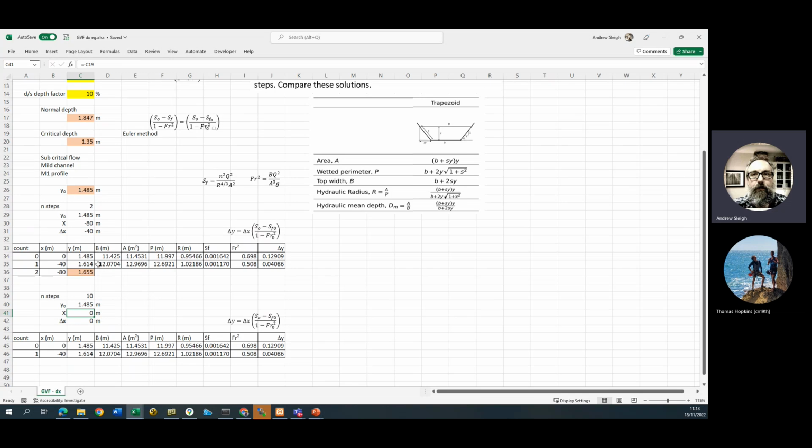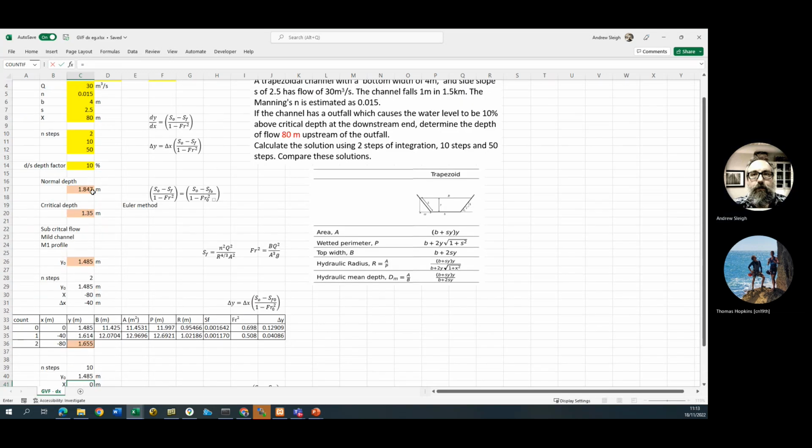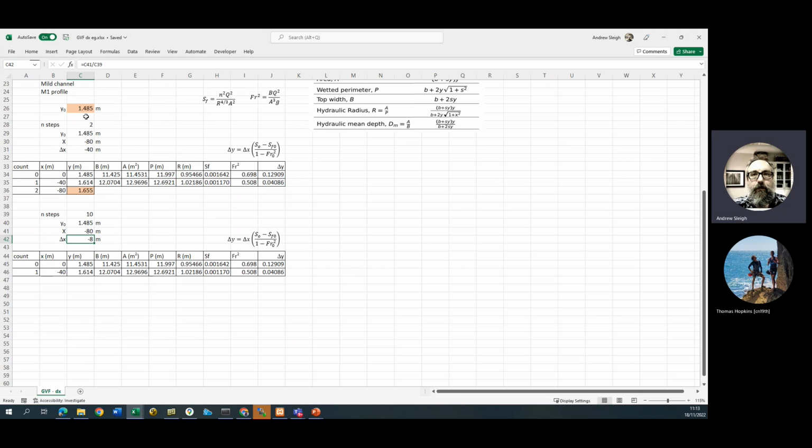We can do the x is equal to the minus 80 for that, and the delta x is correct. It's 80 divided by 10. Look at that. Minus 80 divided by 10.